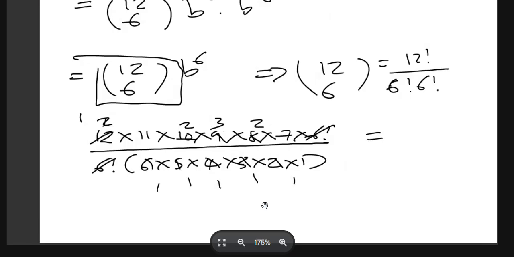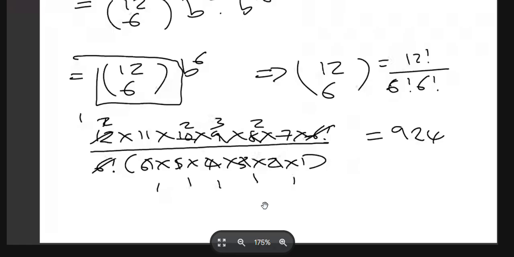Who can tell me the answer? 924. Someone says 924. Are we all finding the same thing? 264. 11 times 2 times 3 times 2 times 7.